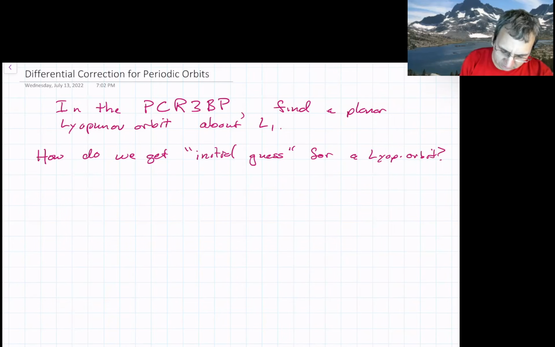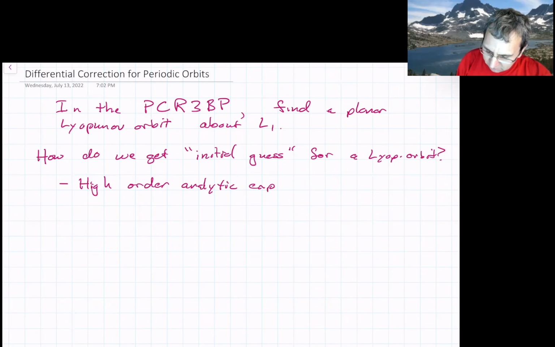There is something called the Poincaré-Lindstedt method, which sort of falls under the category of a high order analytic expansion. It doesn't have to be super high order, but instead of just looking at the linear terms, you include higher order terms, and you can do this.